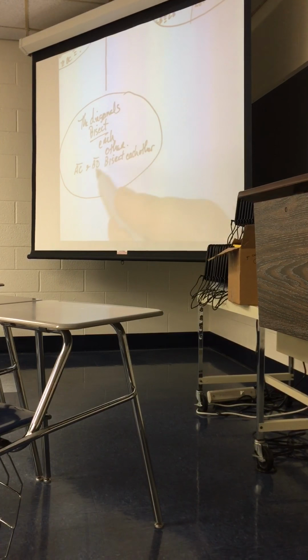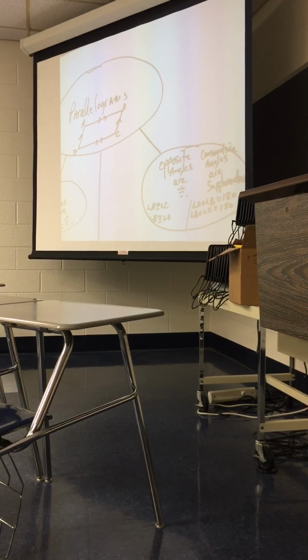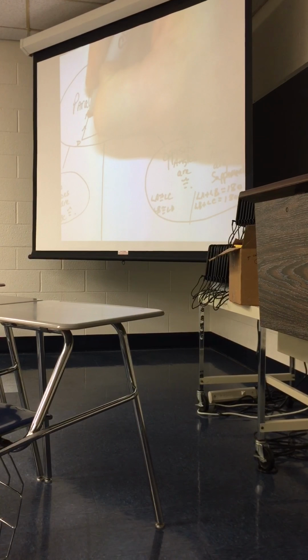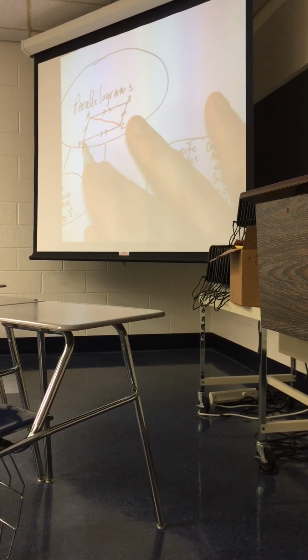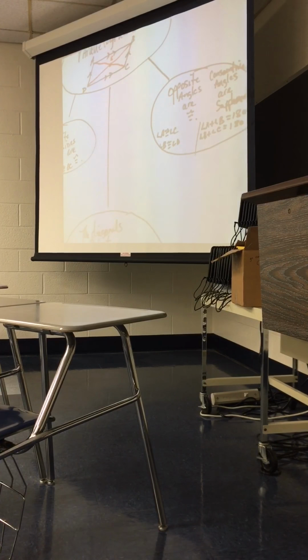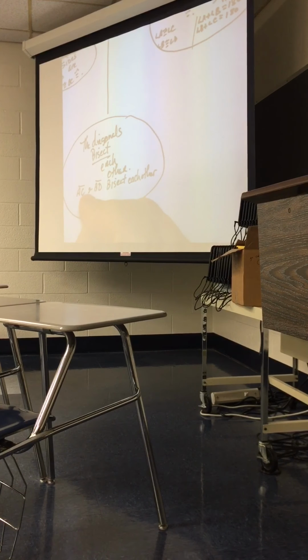So if there were a midpoint there, like this, call it E, then we know that AE is congruent to CE, and DE is congruent to BE.